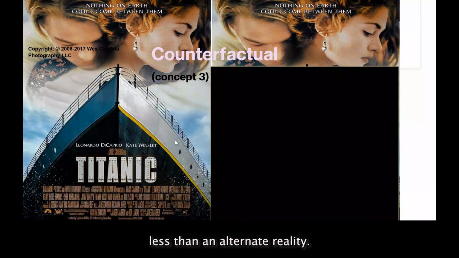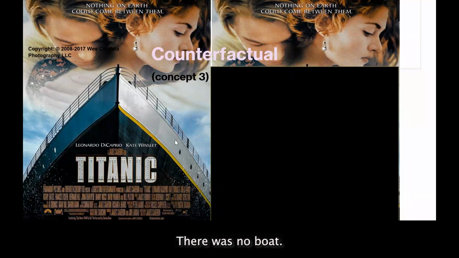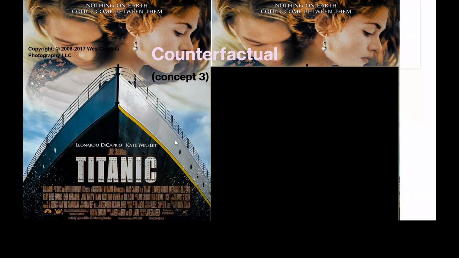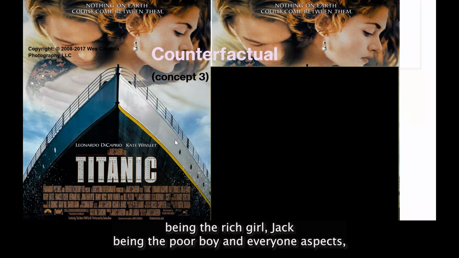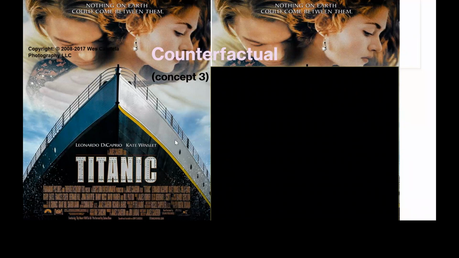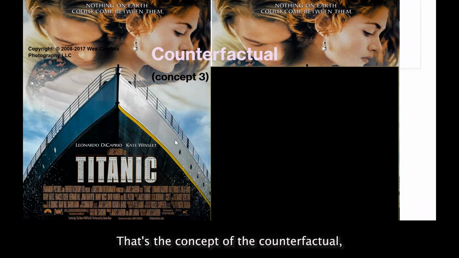Let's say in an alternate reality, there was no Titanic, there was no boat. If every aspect of their lives were still constant, Rose being the rich girl, Jack being the poor boy, and every other aspect, will the outcome, which is their love, still occur? That's the concept of the counterfactual.